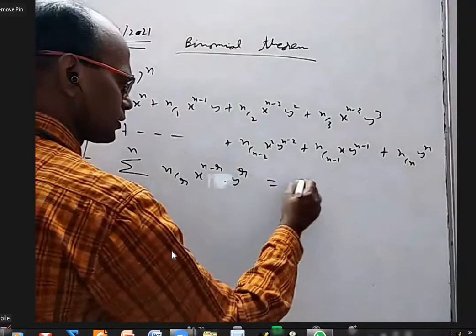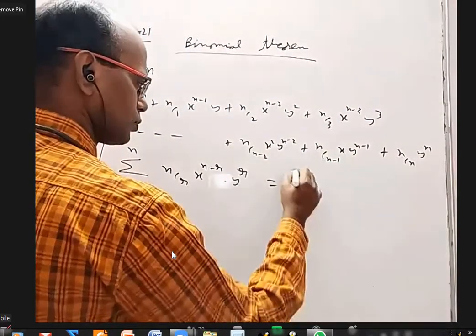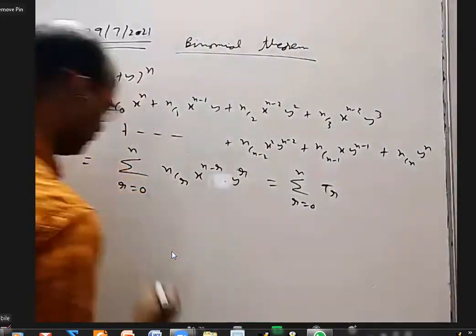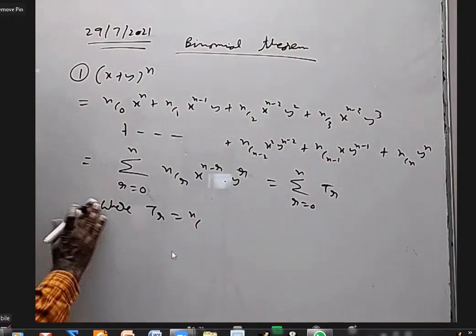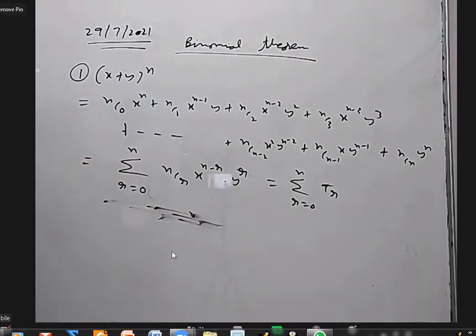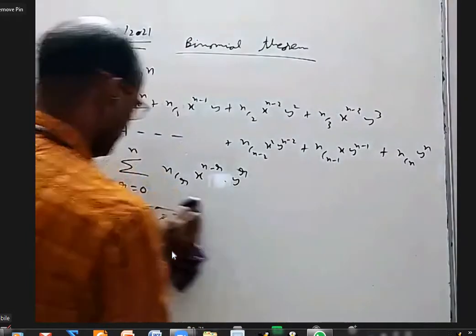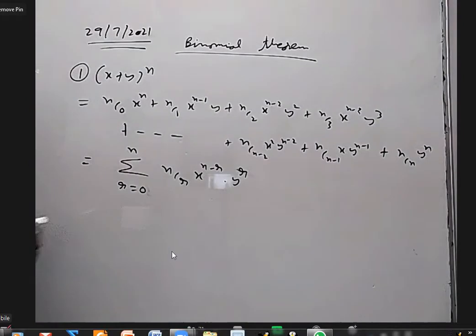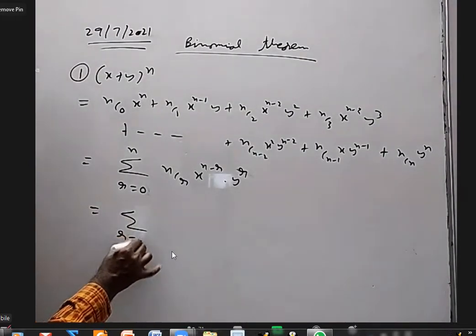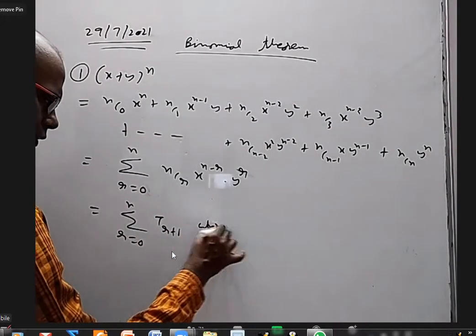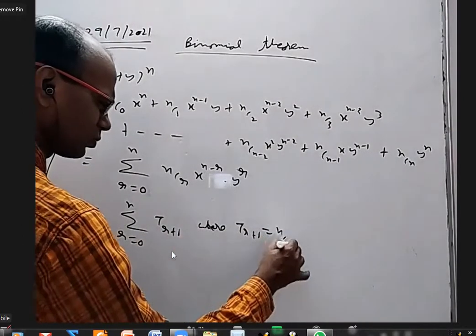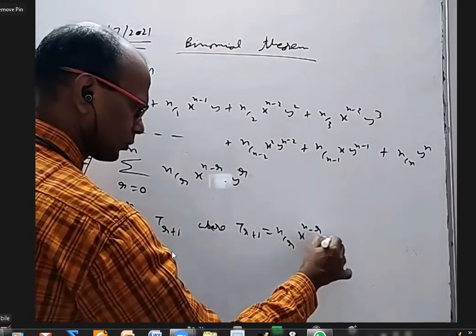We can even write this as sigma r equal to 0 to n of tr plus 1, where tr plus 1 is equal to nCr x power n minus r y power r.